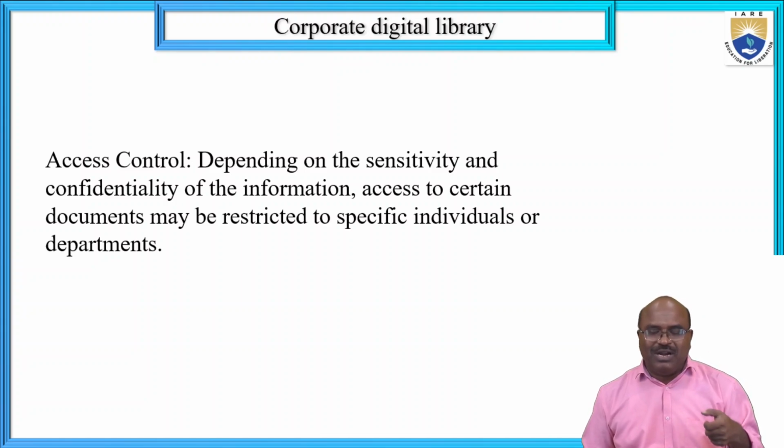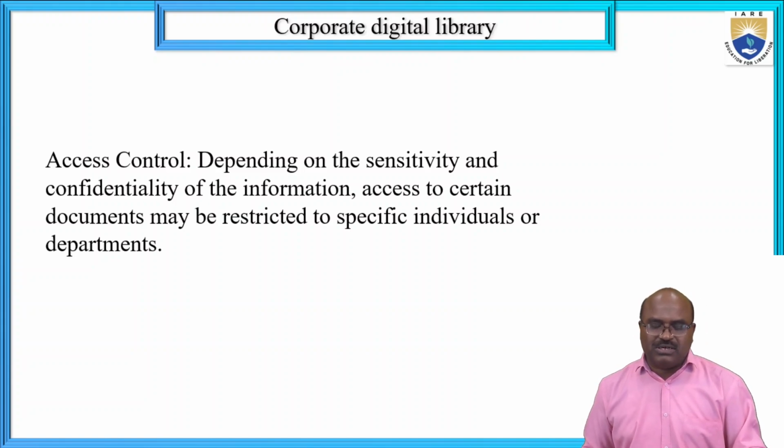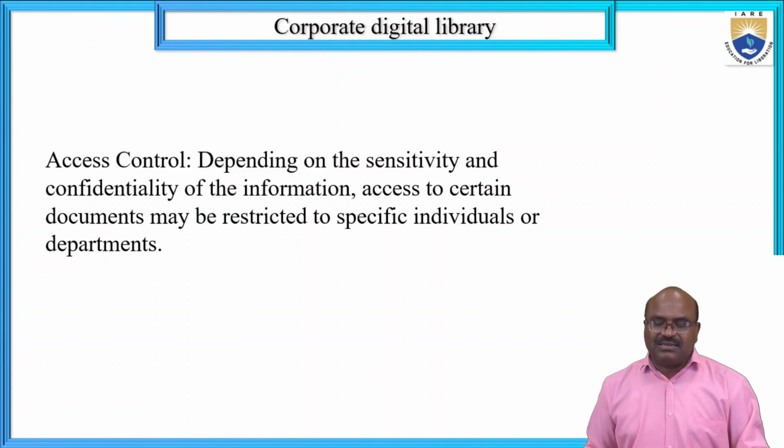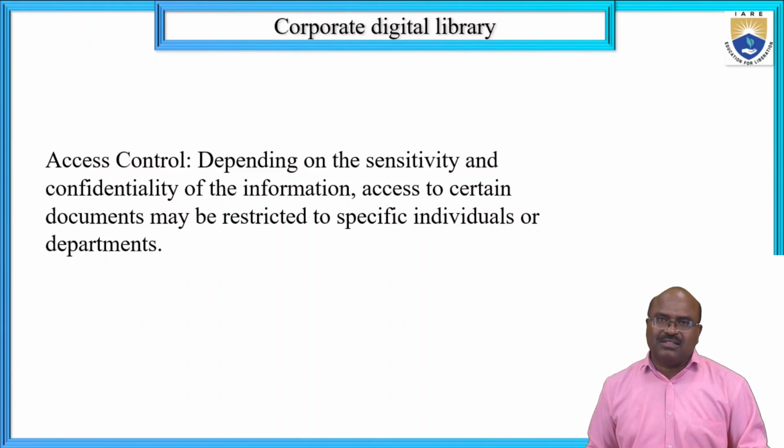Because of the sensitivity and confidentiality of the information. Access to certain documents may be restricted to specific individuals or departments. So the data is stored in a secure area, away from intruders, thieves, or any cyber crimes.